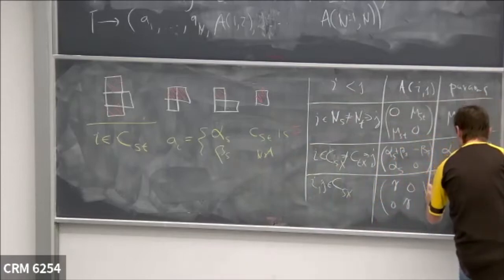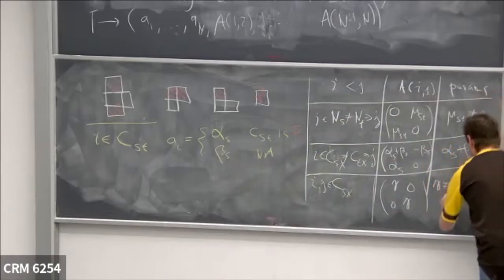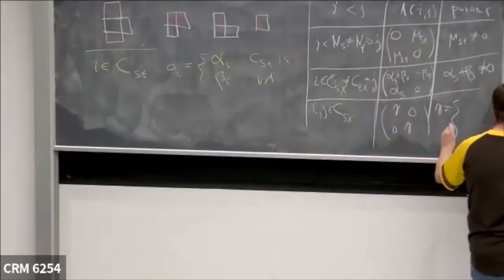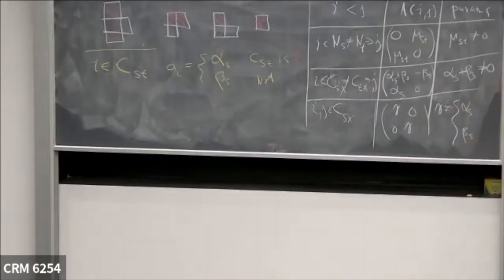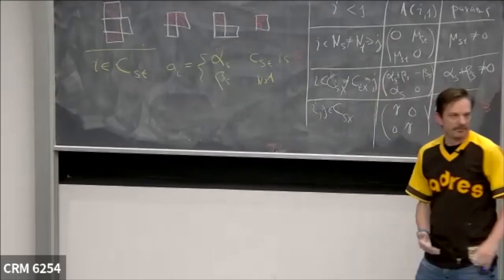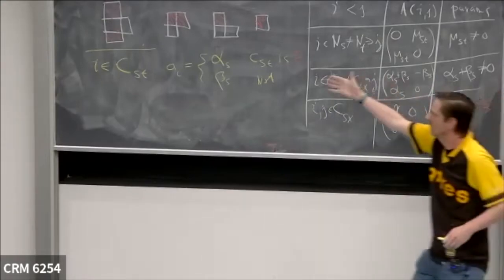Here gamma is one of two things, either alpha sub S or beta sub S. This is the red case and the not colored case. So this is the description of a solution for any such setup.